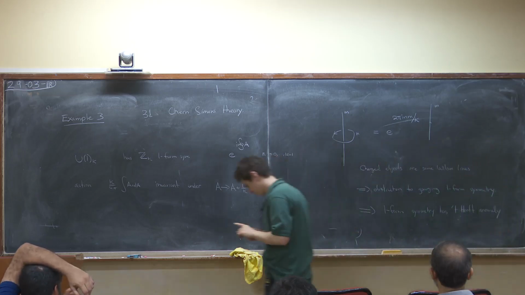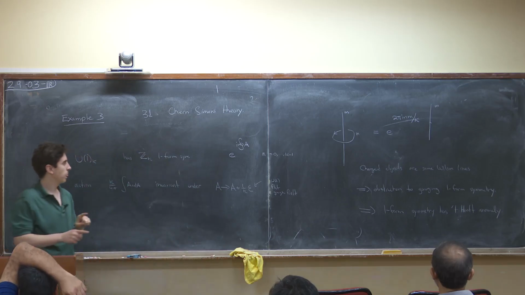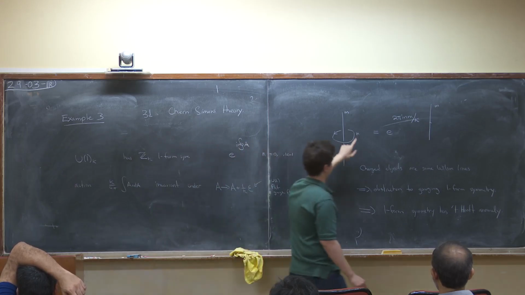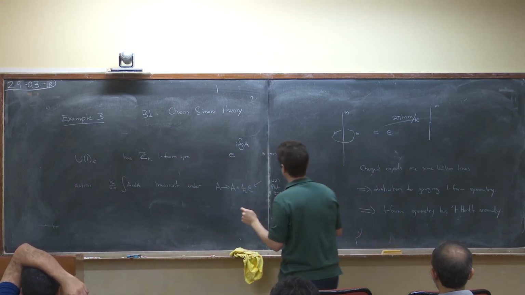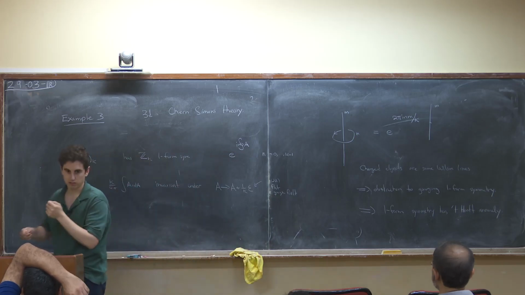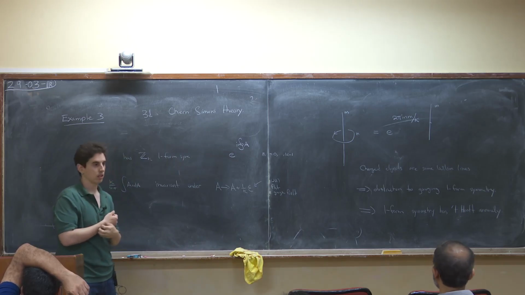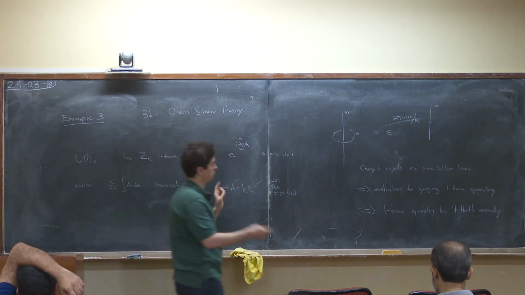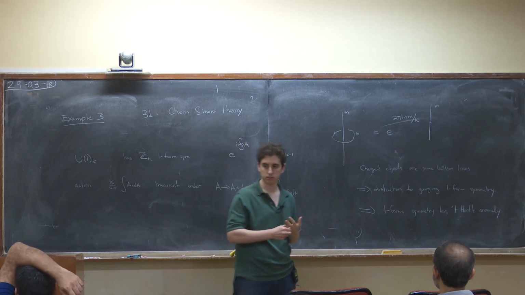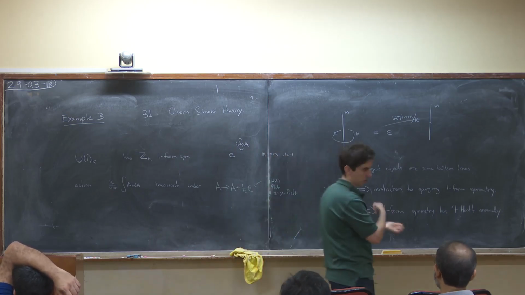Alternatively, maybe a different way to see it is that since these lines have non-trivial braiding, which is what this is telling us, there's an obstruction to doing topological manipulations of them. We get phases when we do topological manipulations of them. So remember that topological manipulations of the lines were the same as gauge transformations for the background gauge field. And here we're saying that topological manipulations are giving us some phase.